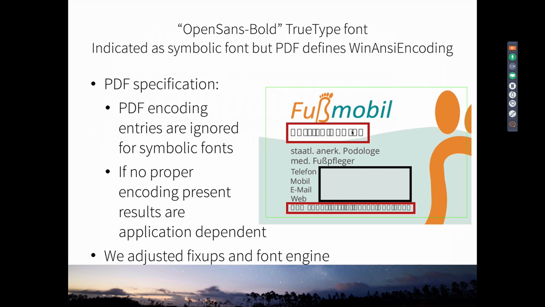The font was mistakenly identified as being symbolic, and then you can use Wien-ANSI encoding, and then it turned out that the PDF file properly displayed the name and the address of Fußmobil here. Does it make sense? I hope so.